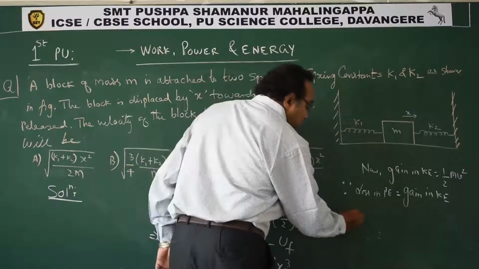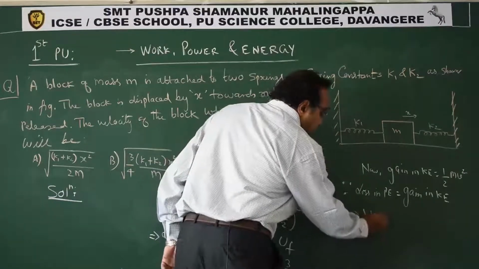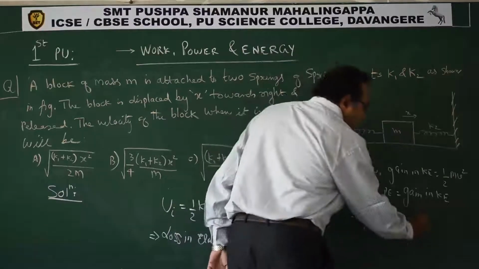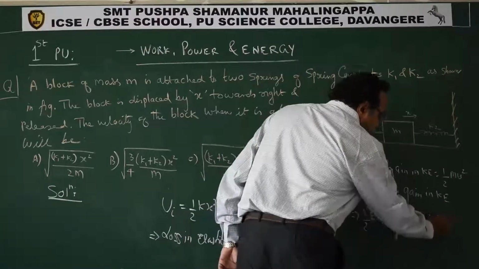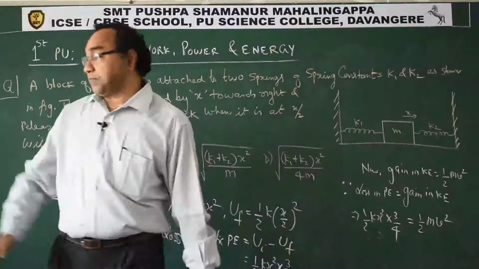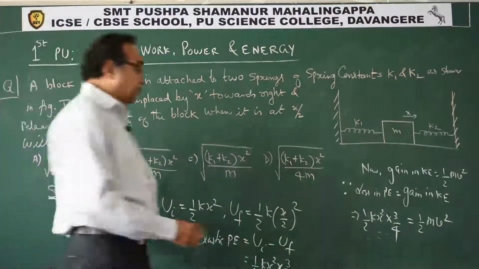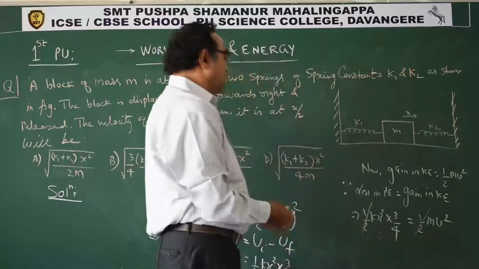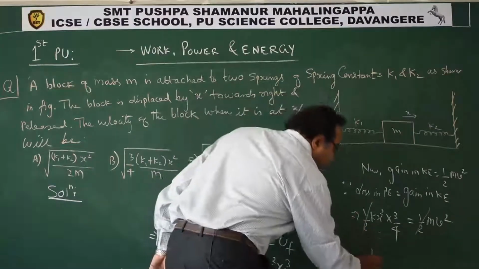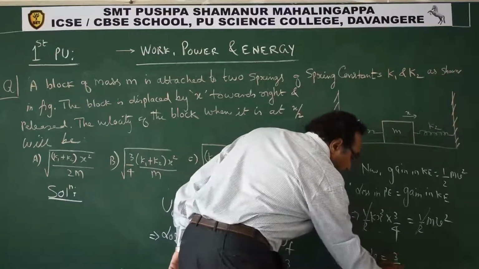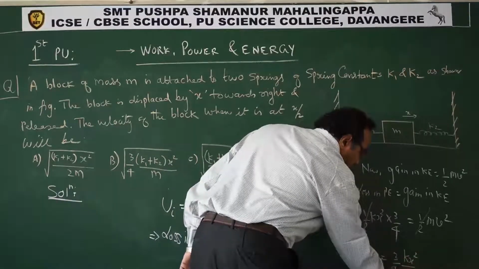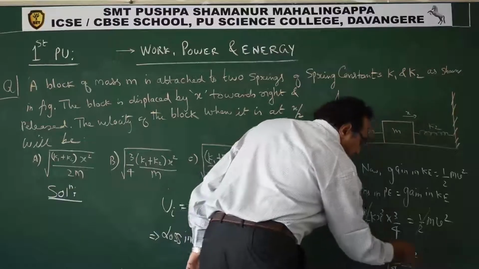So half kx² into 3/4 will be equal to half mv². Simplify this expression. This half cancels out. So v is equal to root of 3/4 kx² upon m.